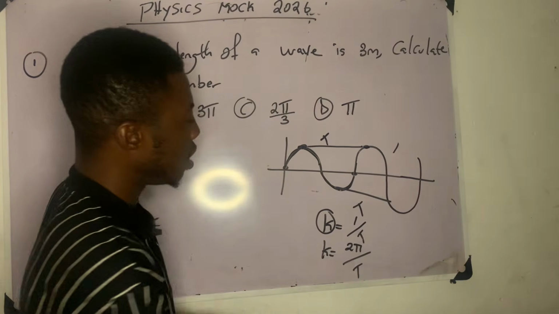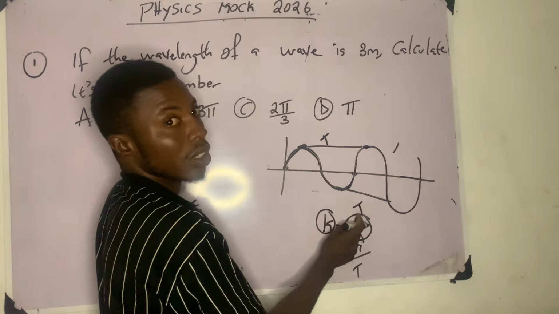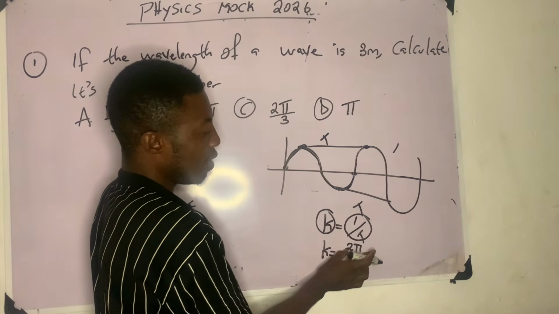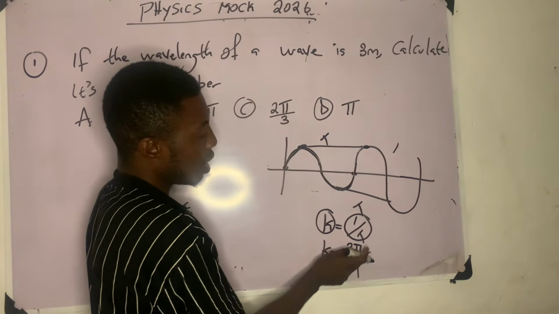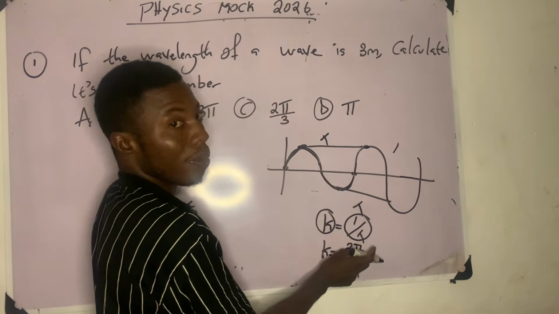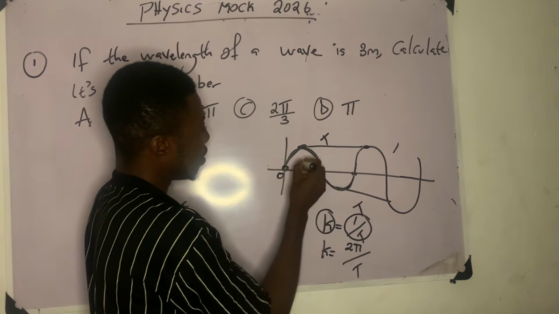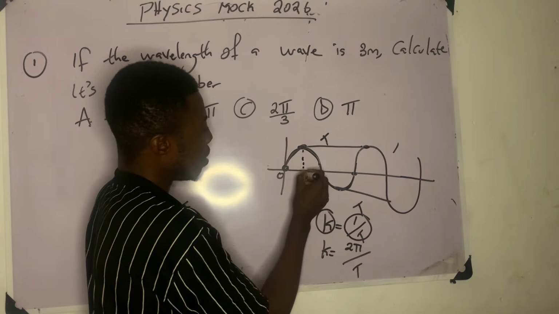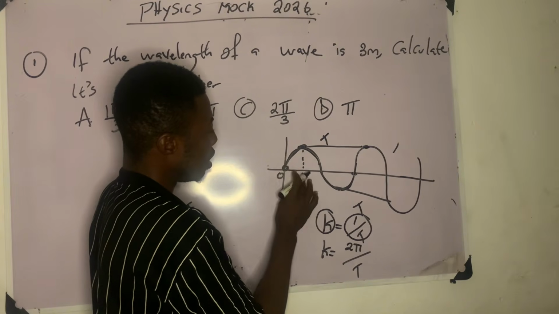Whenever you are dealing with just one cycle, you are going to use the first one. But whenever you are dealing with radians, you are going to use this one. How do they get this 2 pi? From here, this is 0.